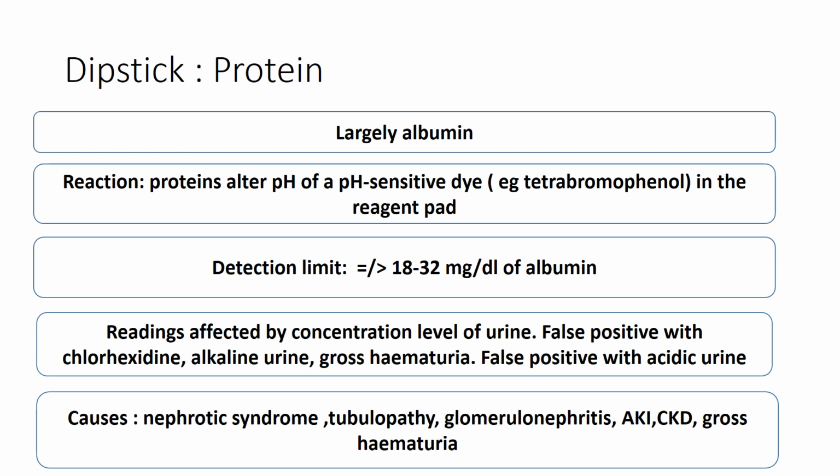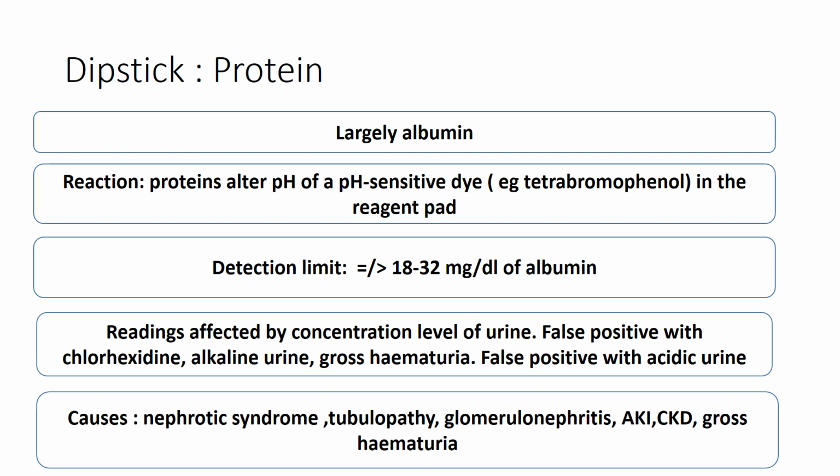Apart from nephrotic syndrome, there are other things that can give us a positive protein on dipstick. These include certain types of tubulopathies, patients who are having inflammation in the kidney, like patients with glomerulonephritis, urinary tract infection, acute kidney injury, interstitial nephritis, even patients that have chronic kidney disease, patients with renal Fanconi syndrome.